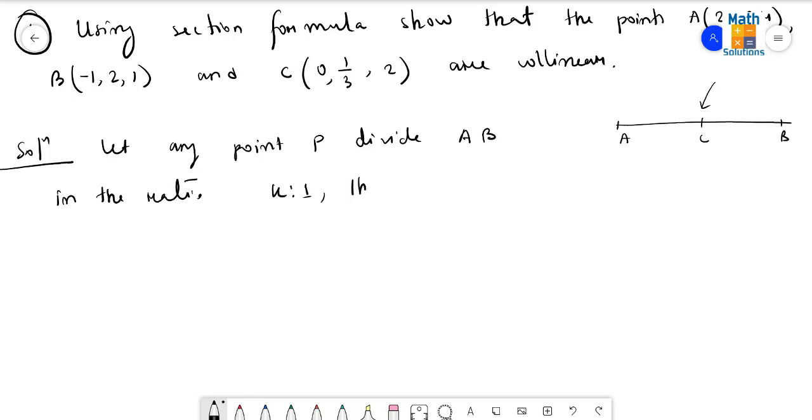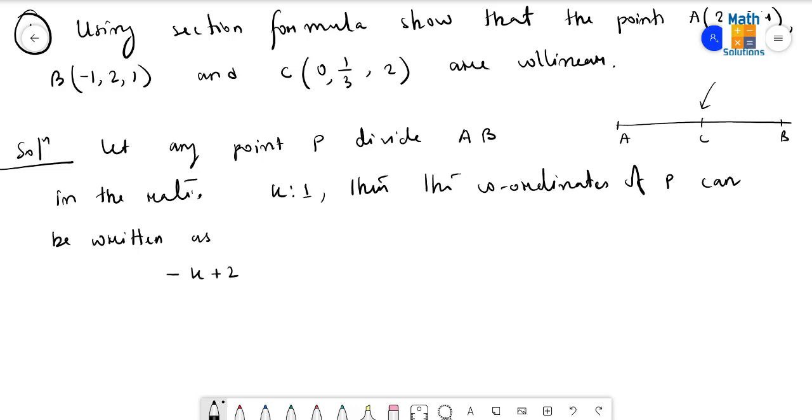Then the coordinates of capital P can be written as, how can it be written? (-k + 2)... The last formula I am using here, this one: (kx2 + x1) by (k + 1), then (ky2 + y1) divided by (k + 1), (kz2 + z1) divided by (k + 1).